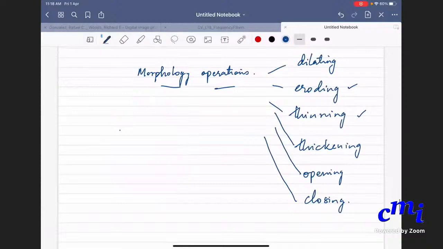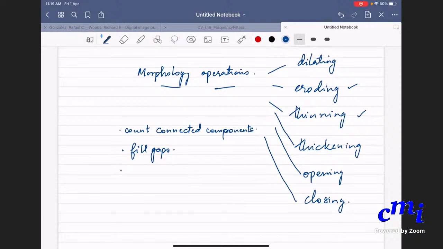is because you want to count connected components. This is one of the reasons. The other is you want to fill gaps. And this fill gaps can take a wider meaning, in which case you want to do some kind of reconstruction.